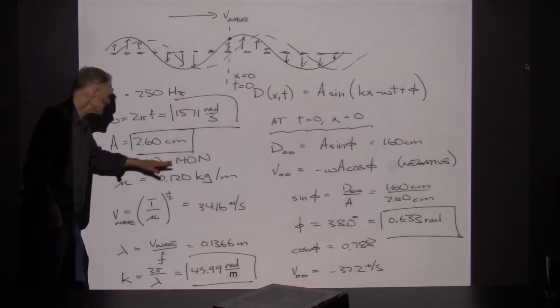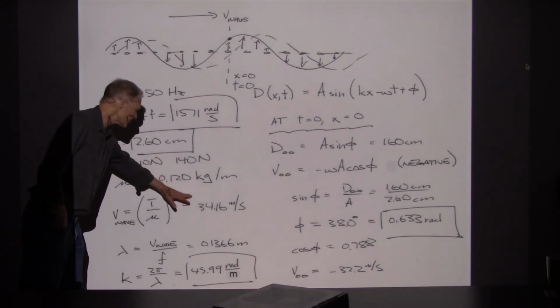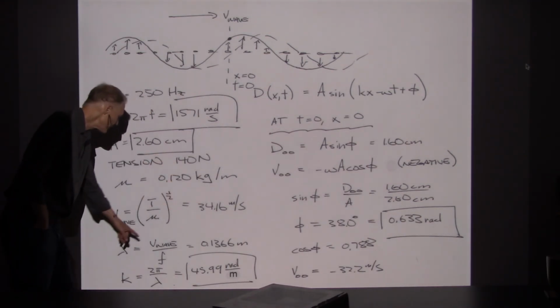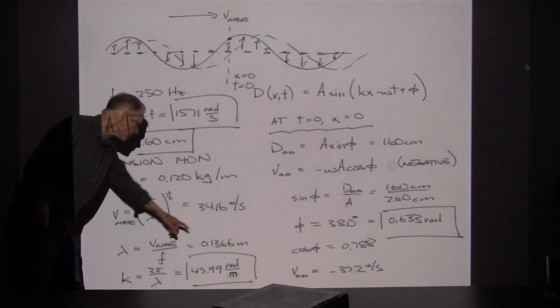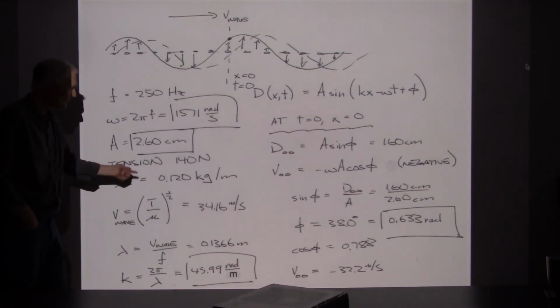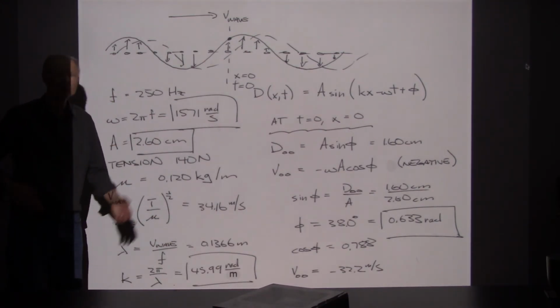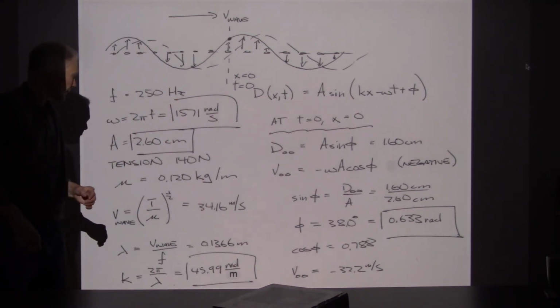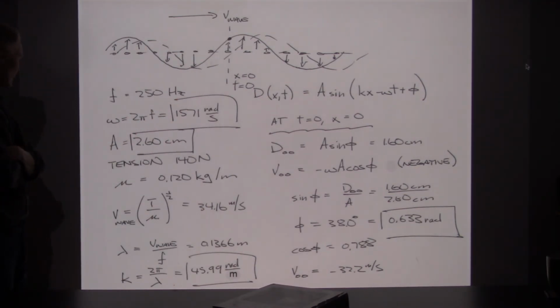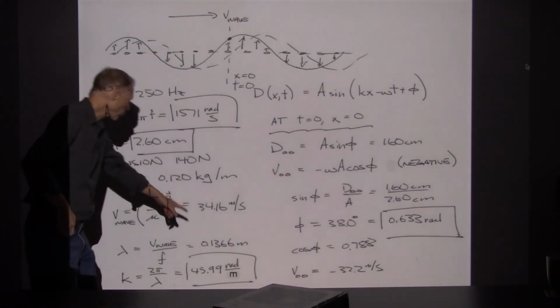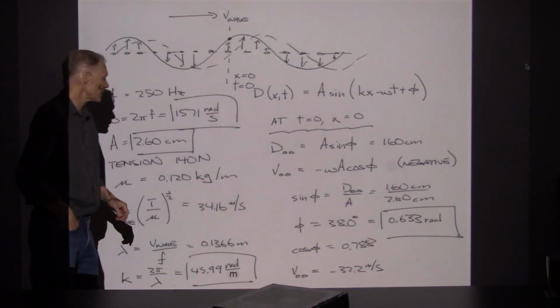So I had to take the tension and the linear mass density and get the wave speed, then divide by the frequency to get the wavelength, and then take 2 pi over the wavelength, and finally I ended up with the wave number, the radians wave number, which is 46 radians per meter.